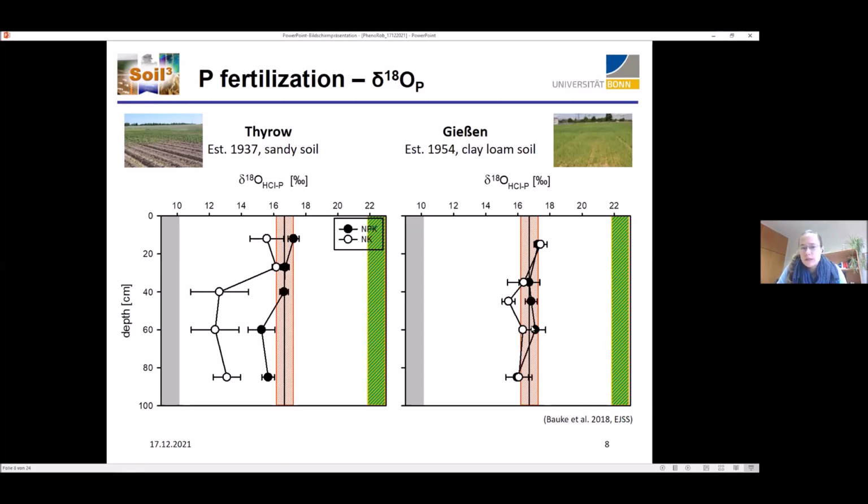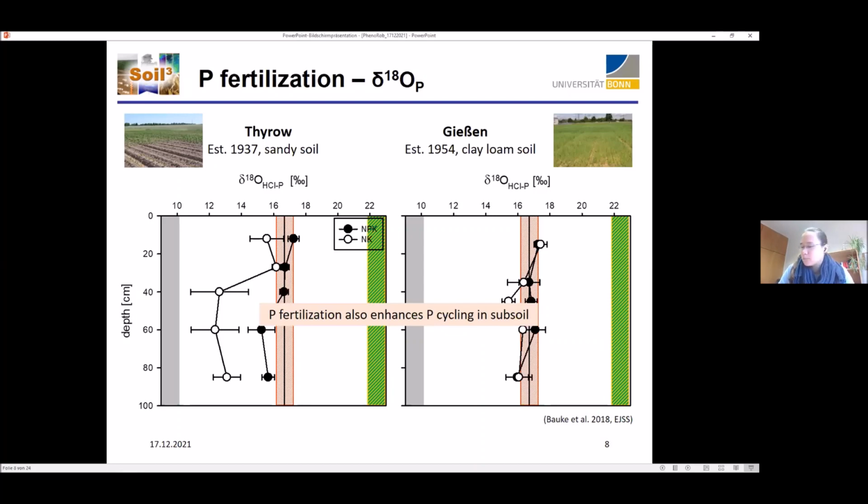We see a similar effect also in Gießen, but with a lower magnitude, a smaller difference between treatments. And again, this is probably an effect of the differences in soil texture between the two sites. But generally, again, P fertilization enhances P cycling in the subsoil.